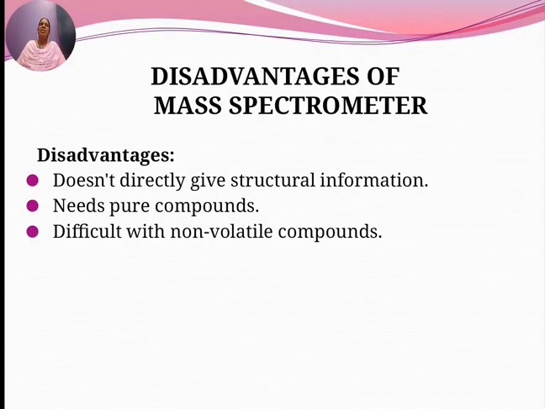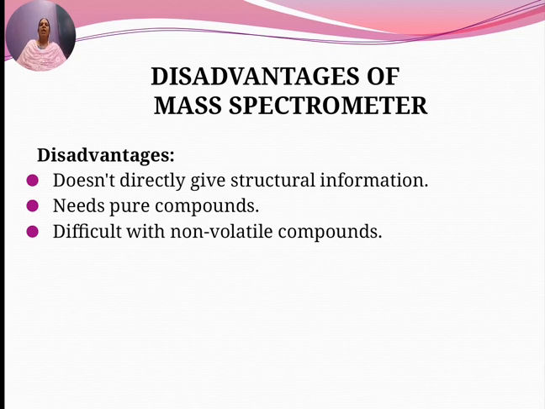Then what are the disadvantages of mass spectrometer? It doesn't directly give structural information of the components of the species being detected. It needs pure compounds. Difficulty arises with non-volatile compounds.